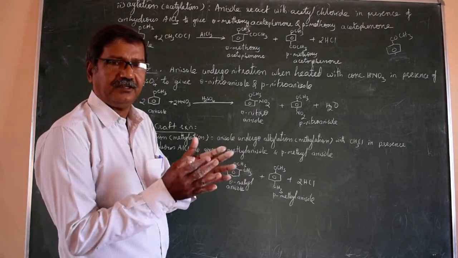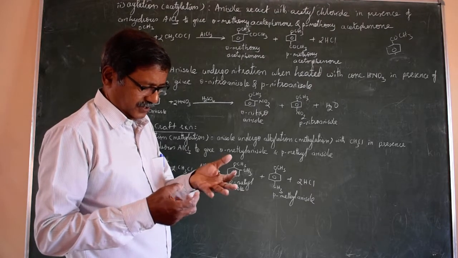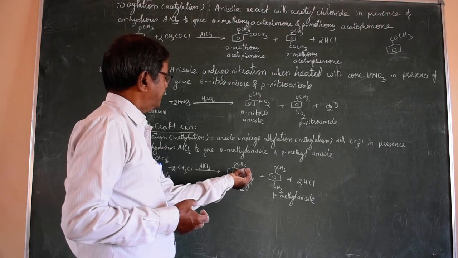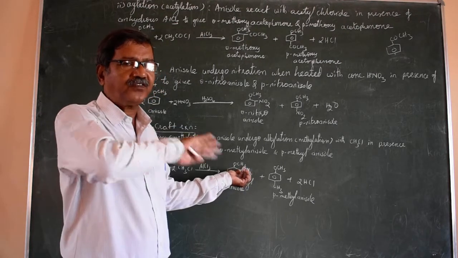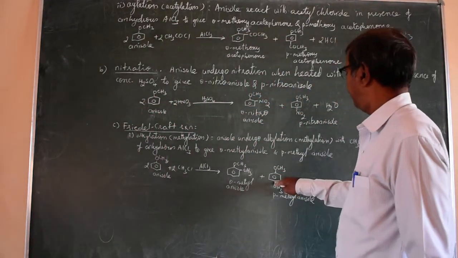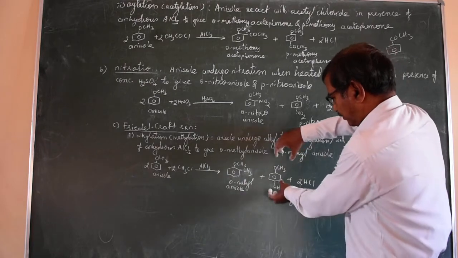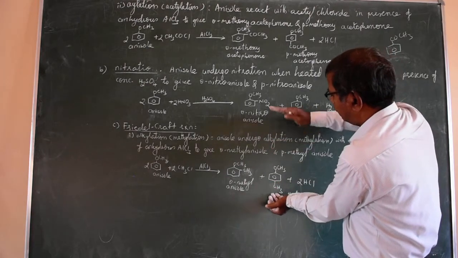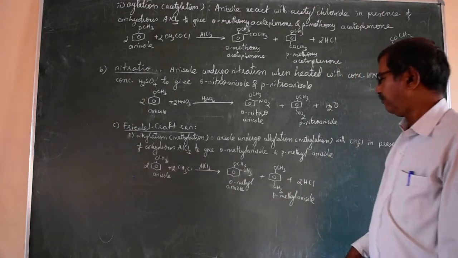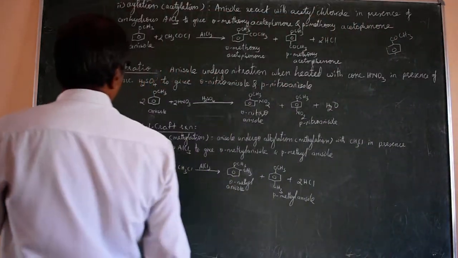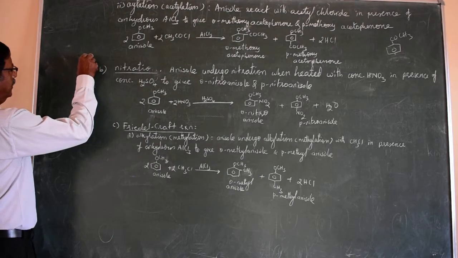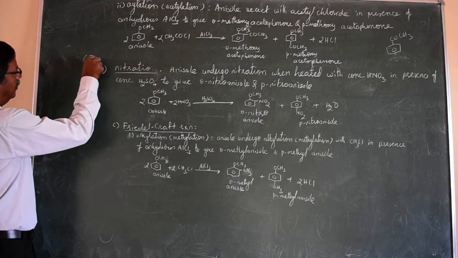Due to repulsion, the extent of attachment to this carbon becomes less. Repulsion becomes minimum at para position in the opposite direction. There is no repulsion at all. You may say this is above the benzene ring and this one is below the benzene ring. So para product is major compared to the ortho product.